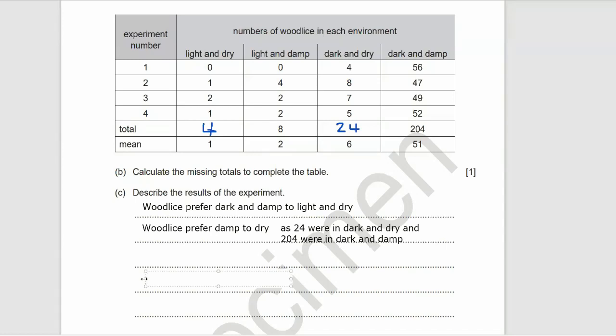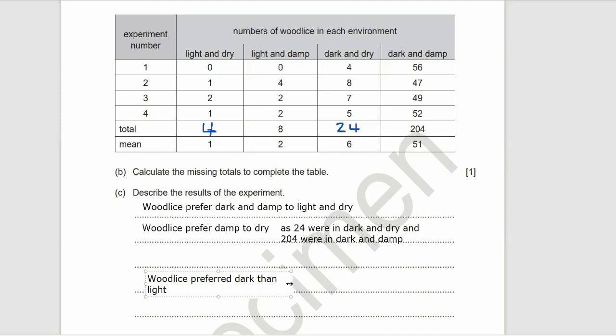So I want to do it when the other condition is the same and controlled. So I want to do light and dry to dark and dry. So we can say woodlice preferred dark than light. What is my evidence? Let's back that up.